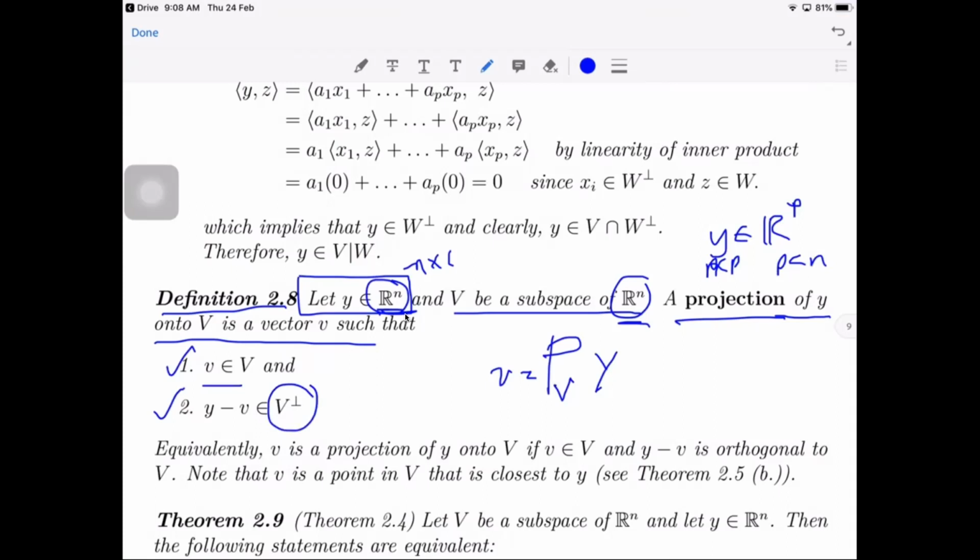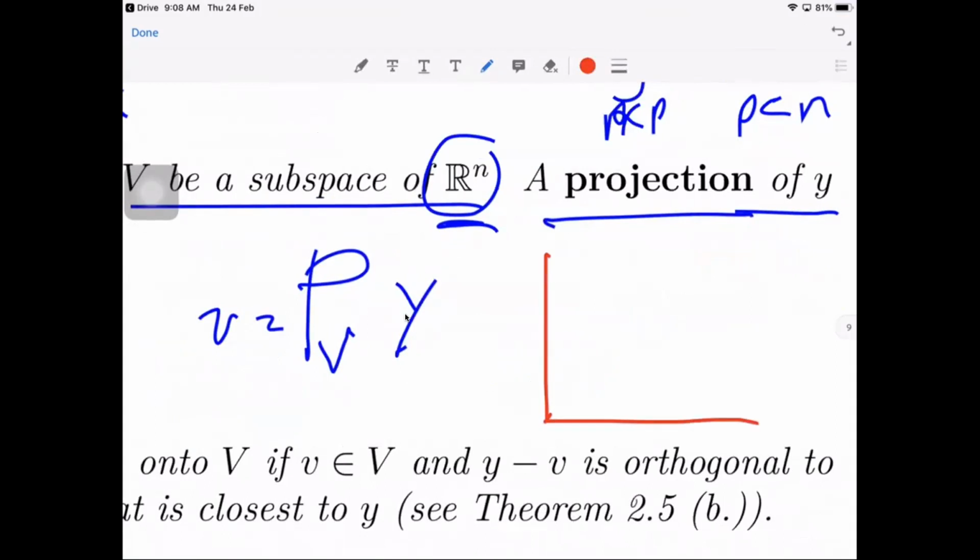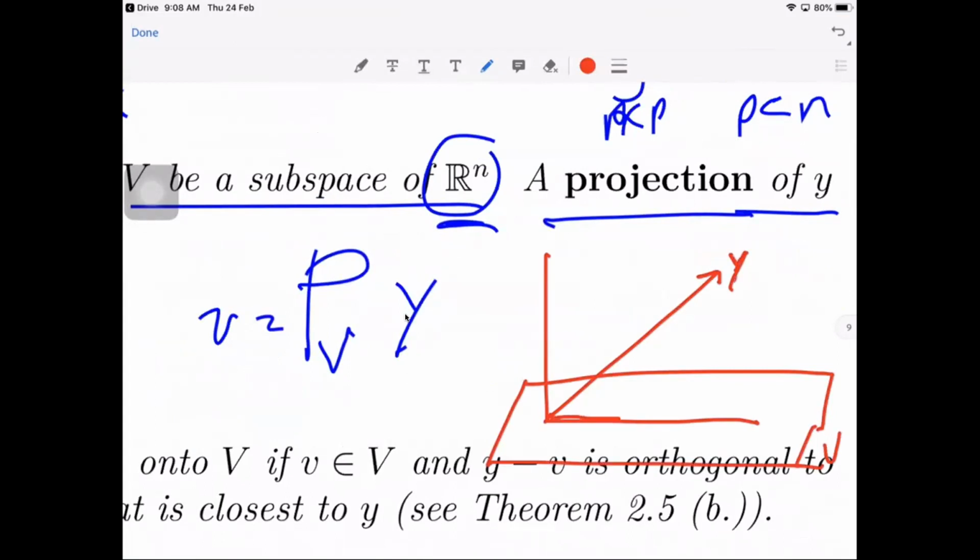In the geometric interpretation, say you have a vector Y here and you have a space here, V. The projection of Y onto V is here.